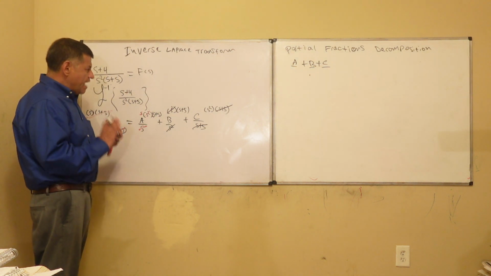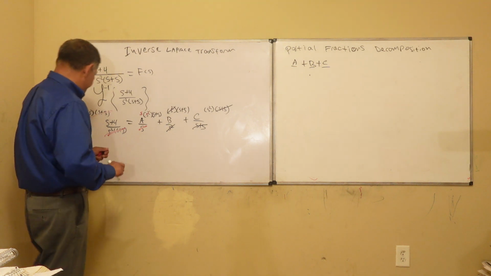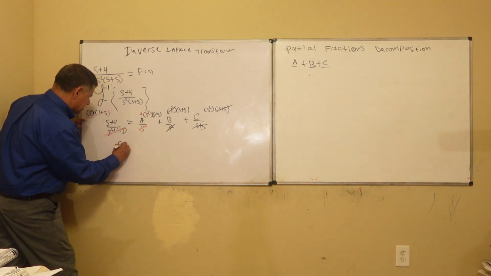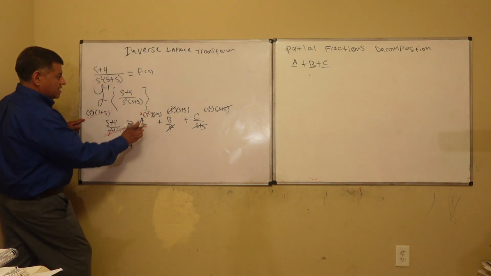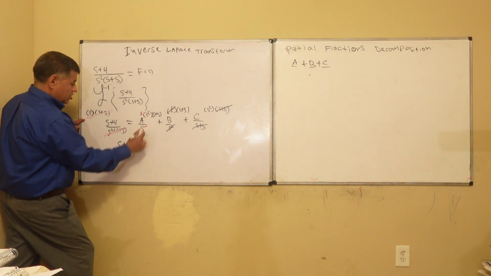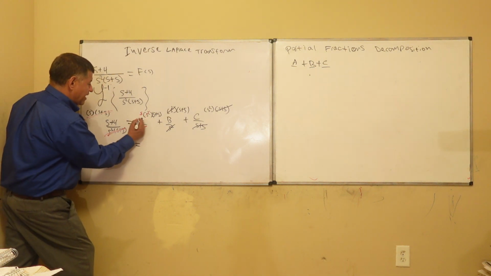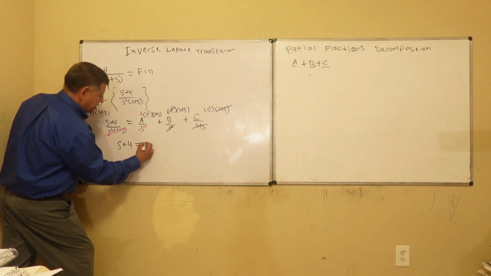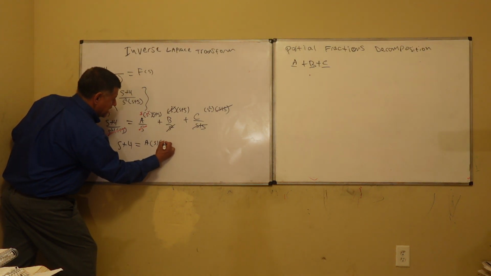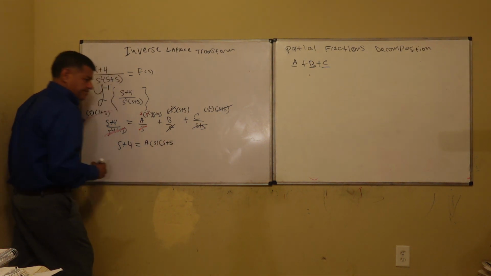Okay. Now it's time to clean it up. How do I clean up? Well, that guy stays the same over here, so s plus 4, right? Right here, I need to consider those. So I need to multiply, and remember, I'm multiplying the a, so I write a times s plus 5, right?